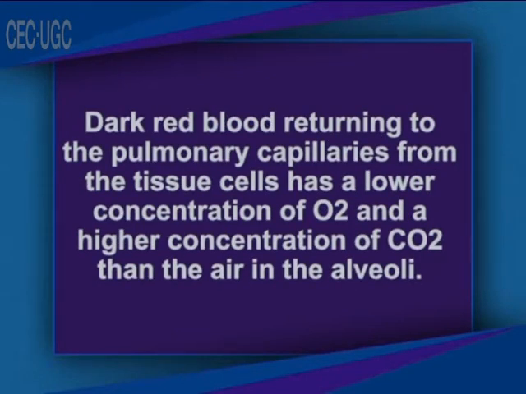Dark red blood returning to the pulmonary capillaries from the tissue cells has a lower concentration of oxygen and a higher concentration of carbon dioxide than the air in the alveoli.